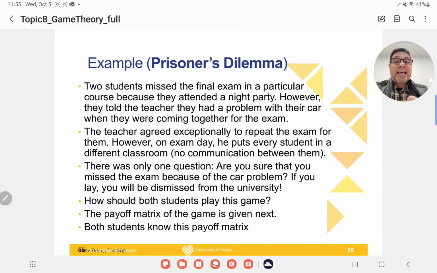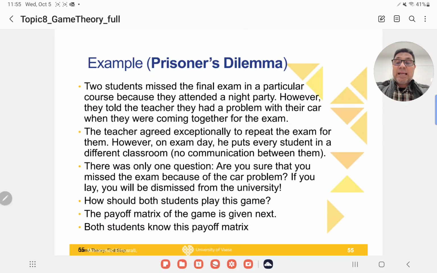However, on the exam day, he puts every student in a different classroom, so there is no communication between the students. There was only one question: are you sure that you missed the exam because of a car problem or some other reason?